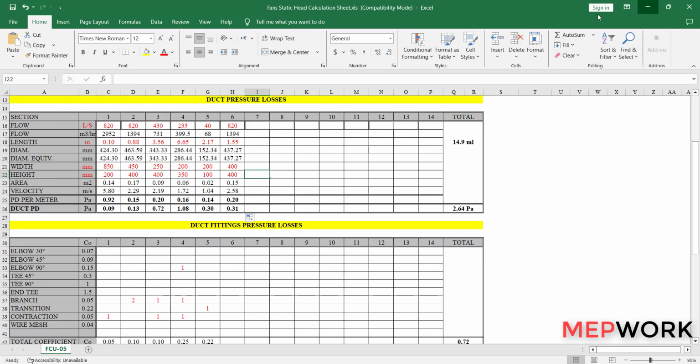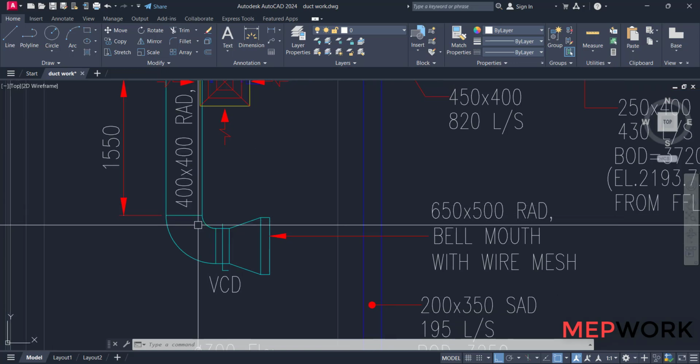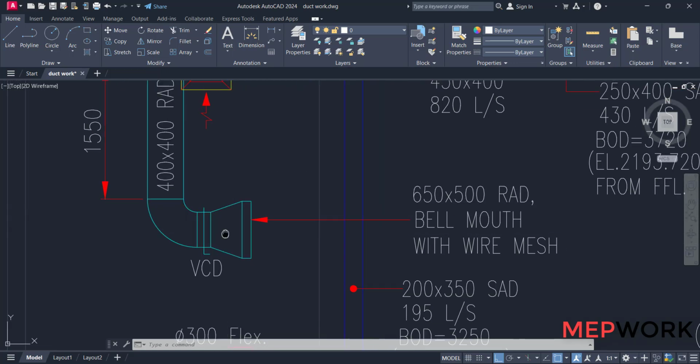The fittings on this part are a 90-degree elbow and a reducer.